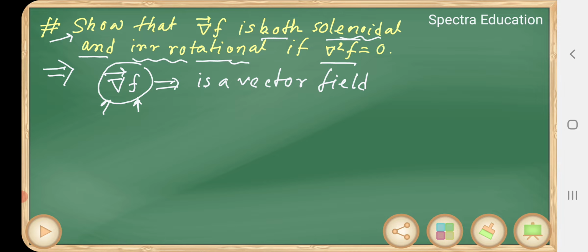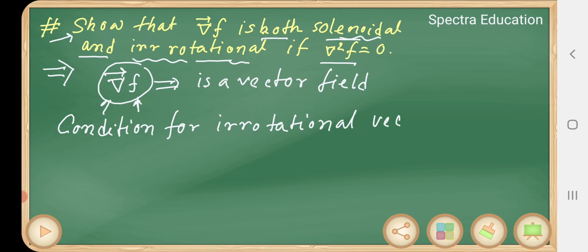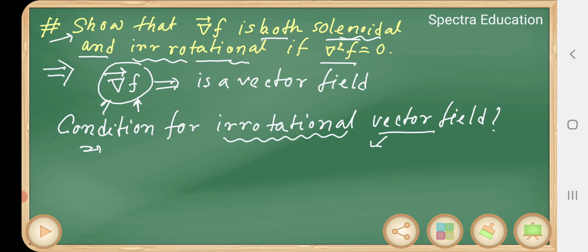Now when any vector field becomes irrotational, what is the condition? Condition for irrotational vector field. From the name you can think that it is such a vector field which is not rotating. And how do we express the rotation of a vector field?